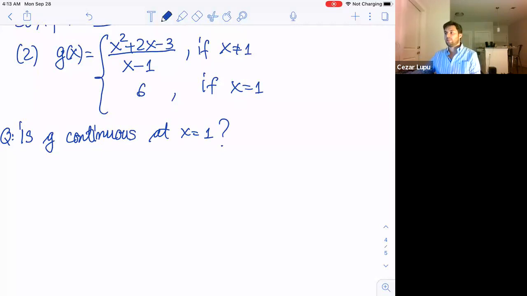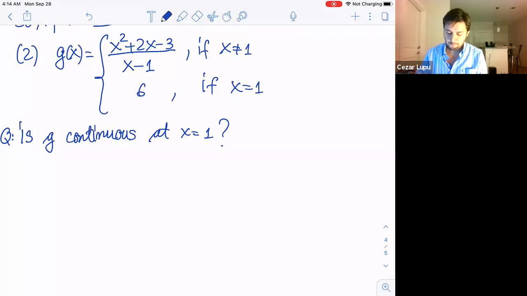So let's think a bit about the limit of the function at x equals 1. In the previous example, we said that this is indeterminate, but in fact we can maybe compute this limit. Clearly g of 1 is defined.